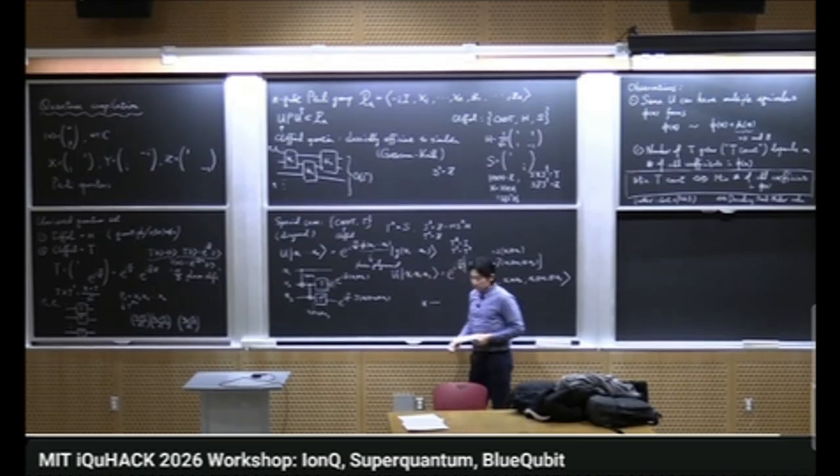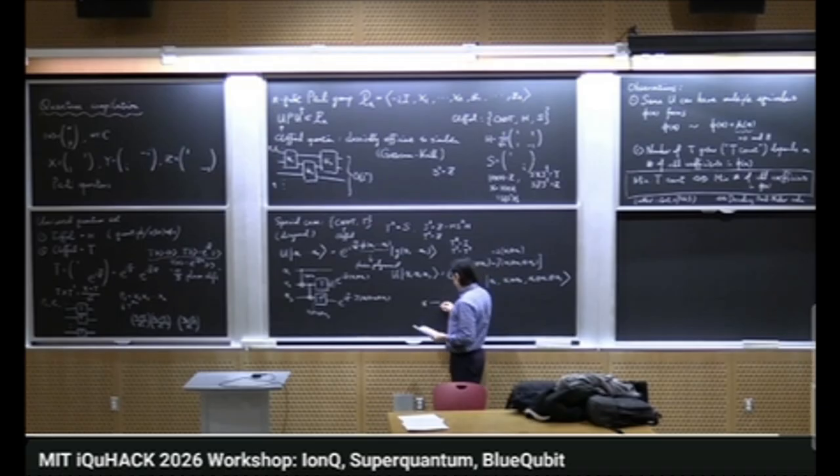If we have a single qubit and then we have an S gate, then naturally this is going to give us a phase of e to the i pi over 2 x.